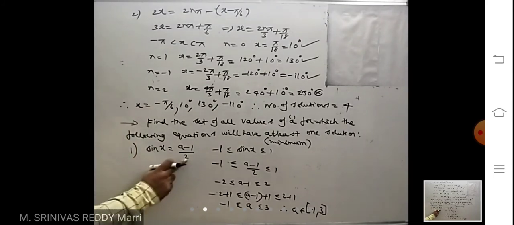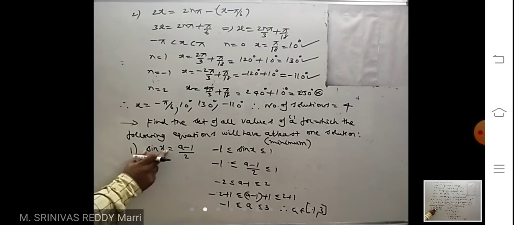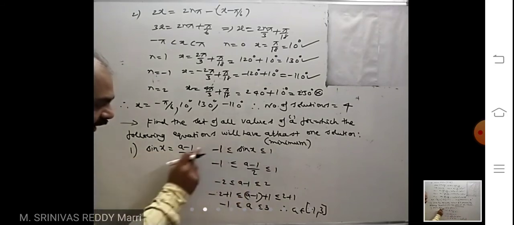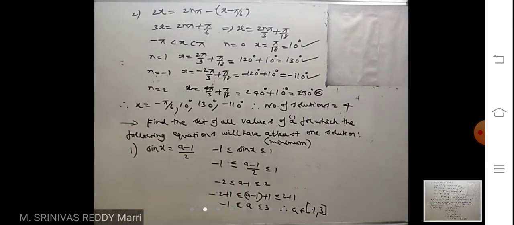So like this, if he has given sin x, use this one: sin x lies between minus 1 and 1. And then in place of sin x, you substitute a minus 1 by 2. Like that.